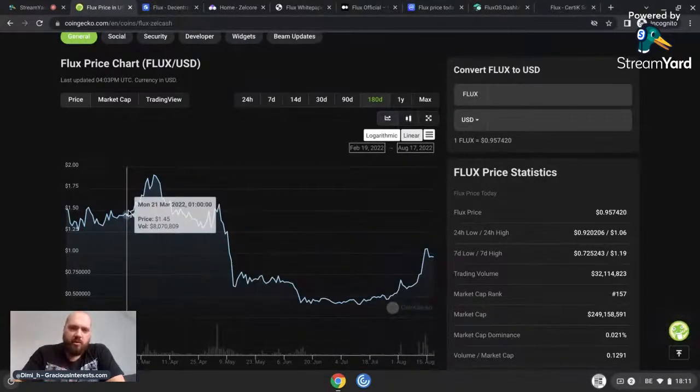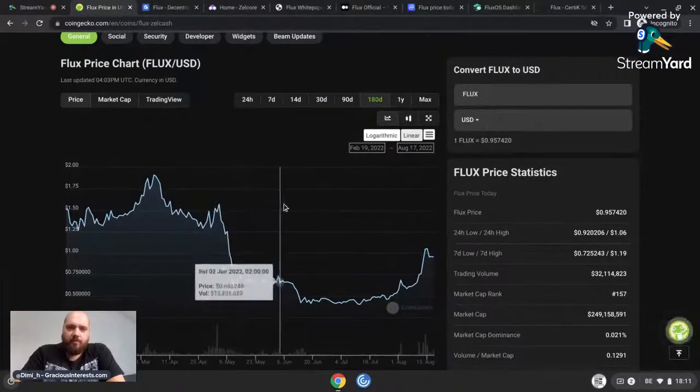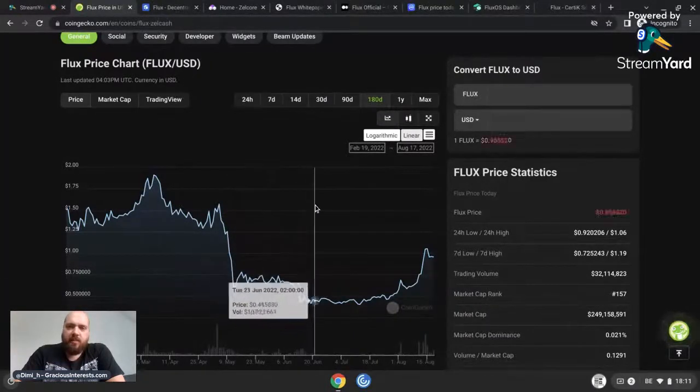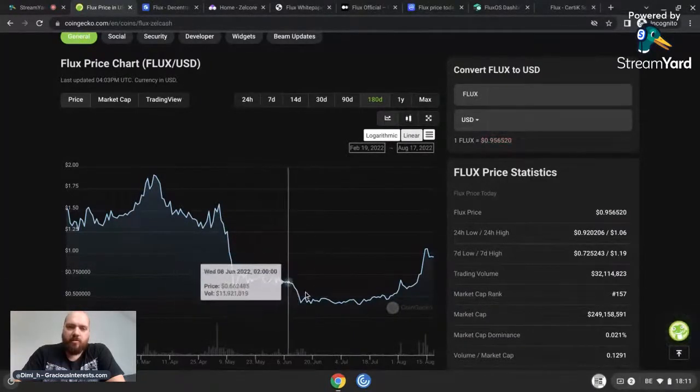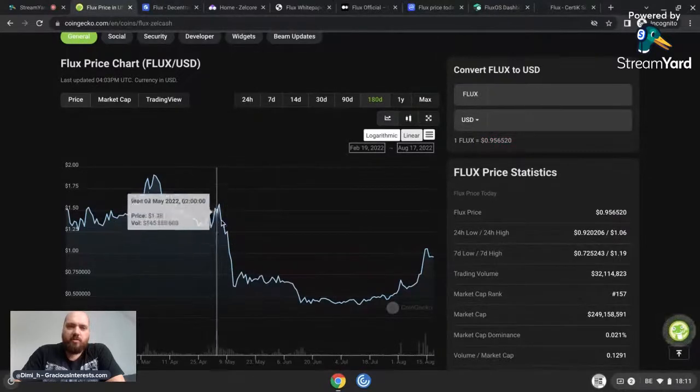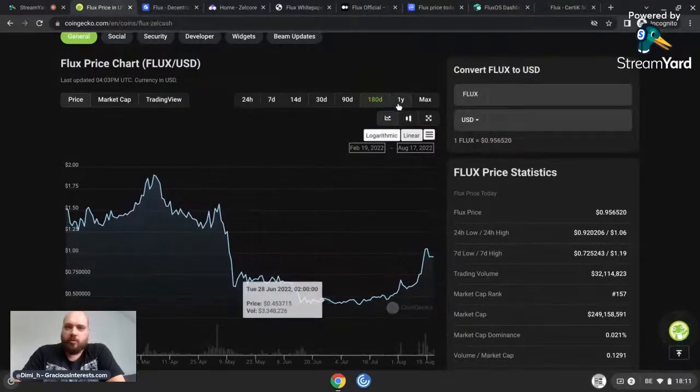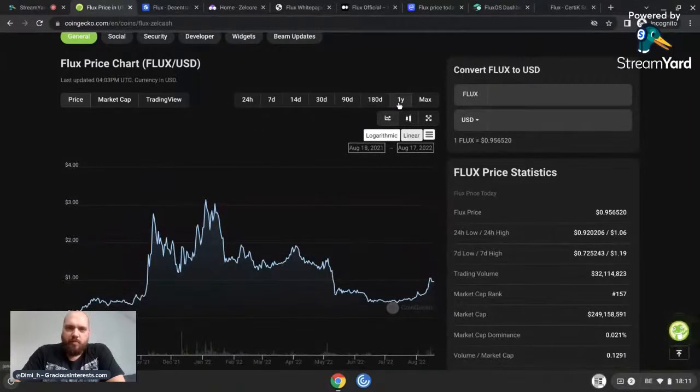So I can see similar trend lines. However, there's less impact from over leverage that occurred here when compared to the Terra Luna, which took the entire cryptocurrency market down, which in itself is actually a good sign. It means there's less speculation concerning Flux going on. Yeah, what is this? August last year.